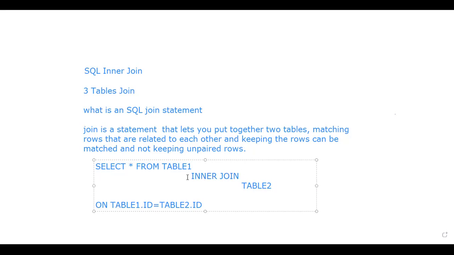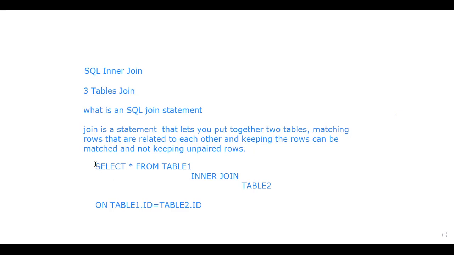Then simply put the condition of the join and table. Once you have done the table two here, you remember the sentence: matching rows that are related to each other, keeping the rows that can be matched and not keeping unpaired rows. Now you definitely have this condition because you are going to fetch the records based on the ID columns which are present in both the tables. This way you can remember the definition of the statement.